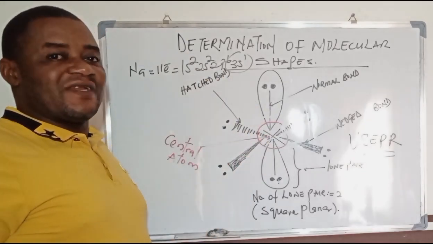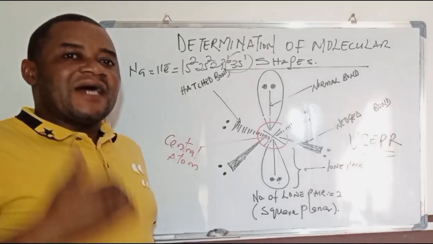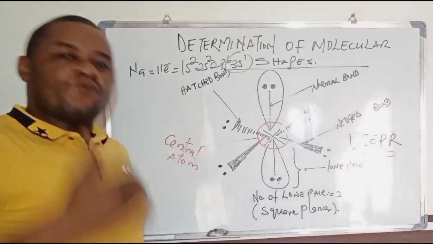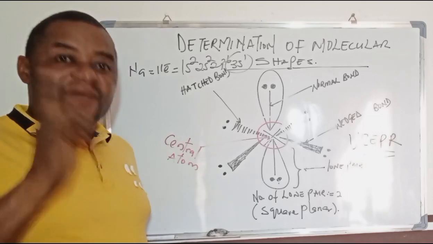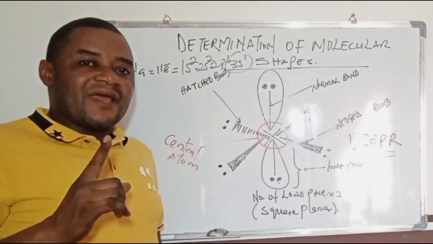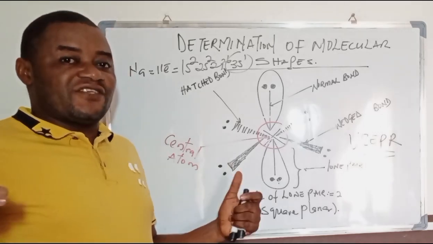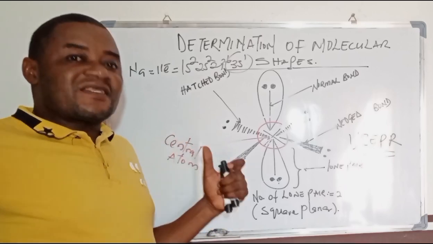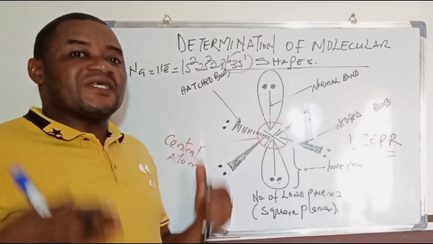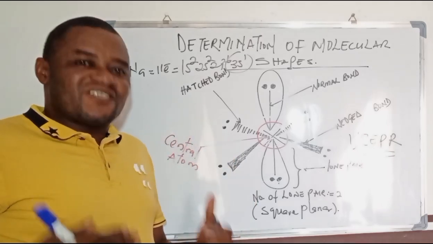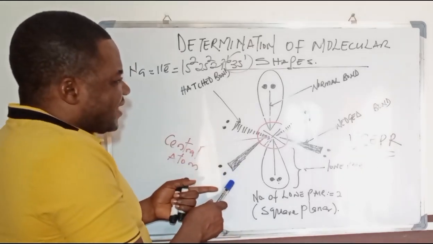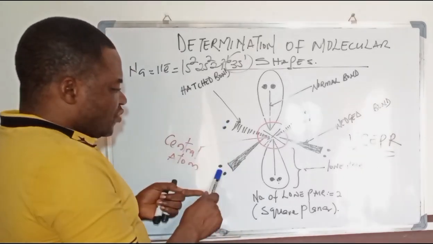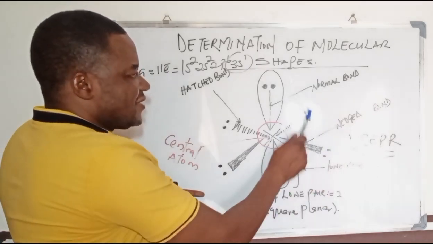With the 6 pairs of electrons, you can now sit down and identify among the 6 pairs which of them is a lone pair and which of them is a bonded pair. Bear in mind the fact that lone pairs are having greater stretching. They have a greater distance away from themselves, so they contribute higher to what? To the shape of the molecule. And if we take this for an instance, it means that this one is bonded, this one is bonded, this is bonded, this is bonded.